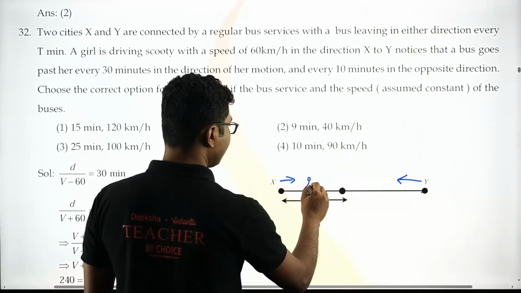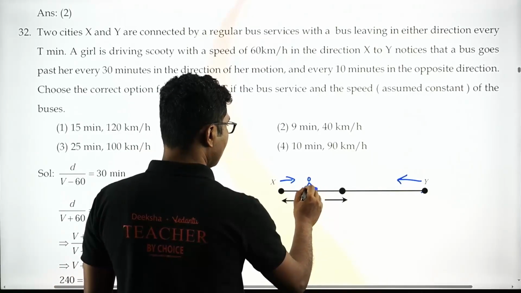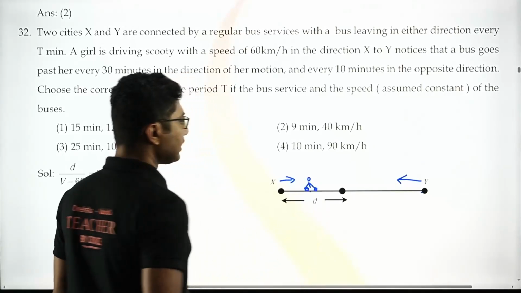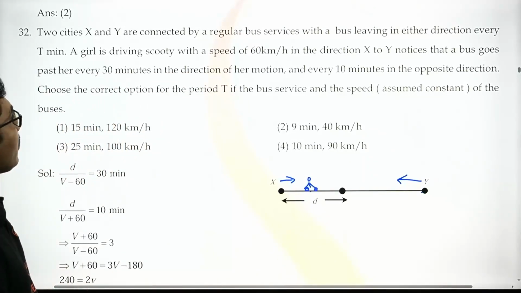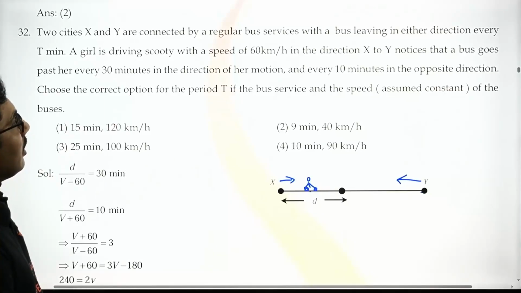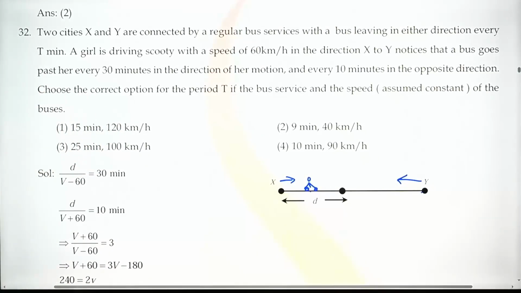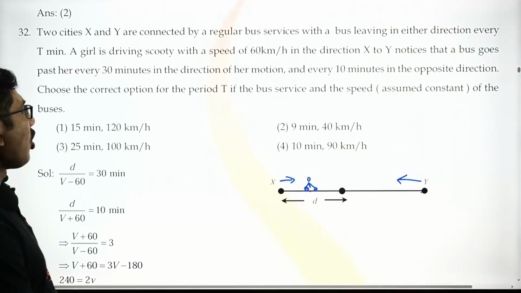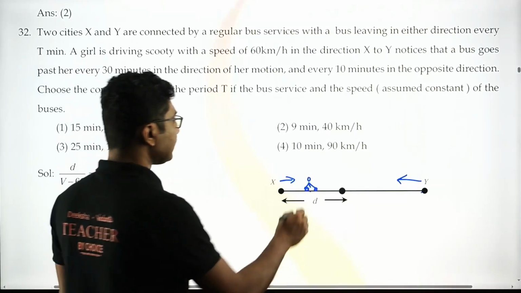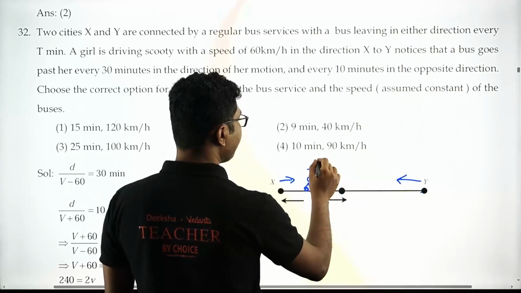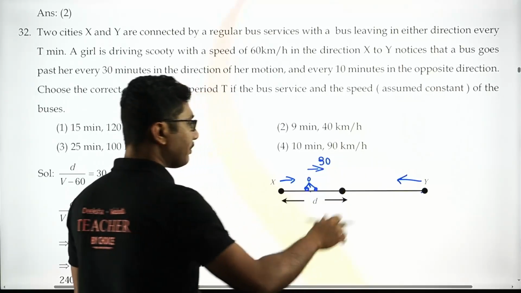She notices that a bus goes past her every 30 minutes in the direction of her motion. Okay, so she sees that every 30 minutes one bus is passing her.